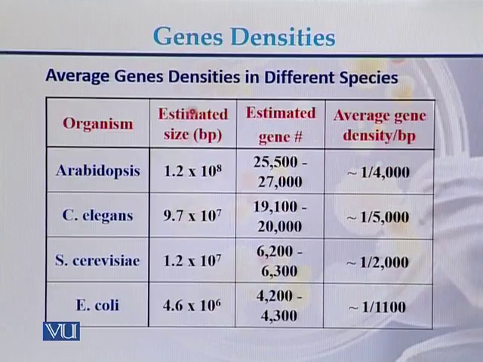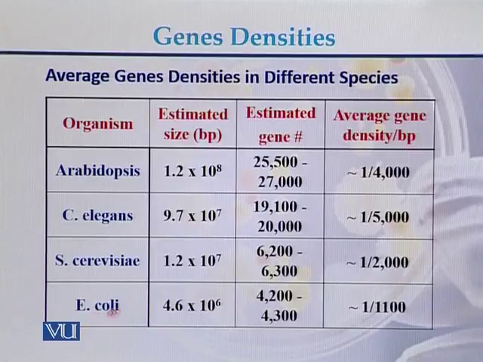Average gene density in some other species, like Arabidopsis, C. elegans, Cerevisiae or yeast, and E. coli. In Arabidopsis, there is one gene per 4,000 nucleotides. In C. elegans, the number of genes is approximately 19,100, and one gene is present per 5,000 base pairs. In yeast, one gene in 2,000 nucleotides.